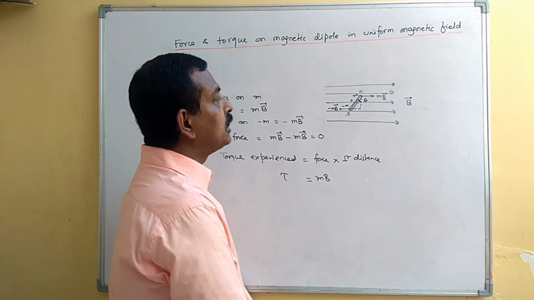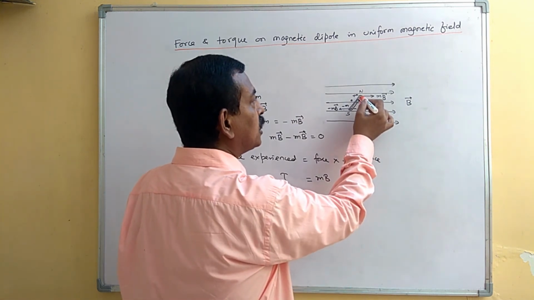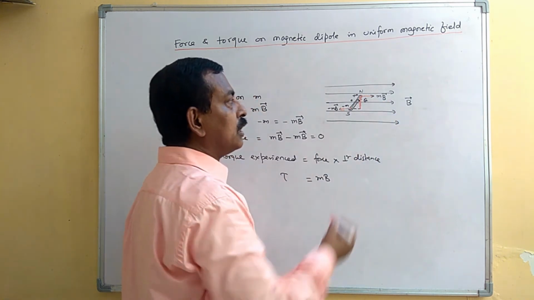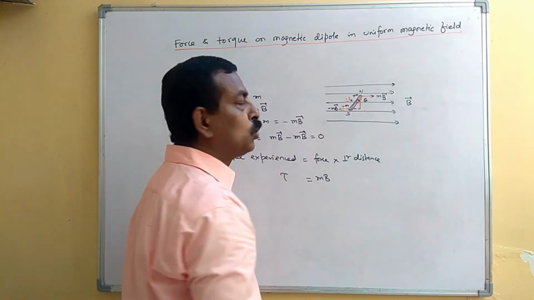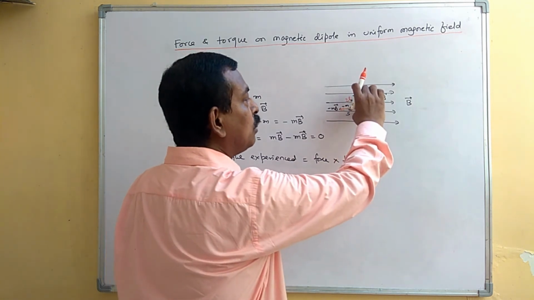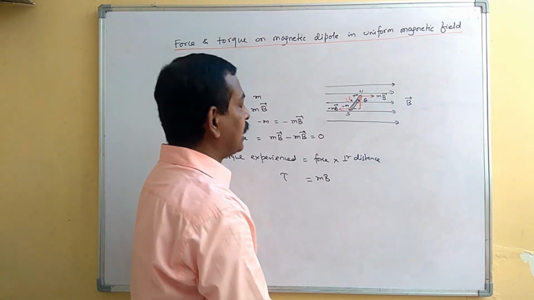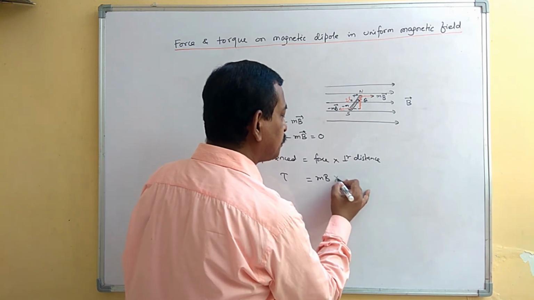And now if you consider the perpendicular distance between these forces, and if the length of the dipole we have taken is 2L, so obviously this length will be 2L sine theta.